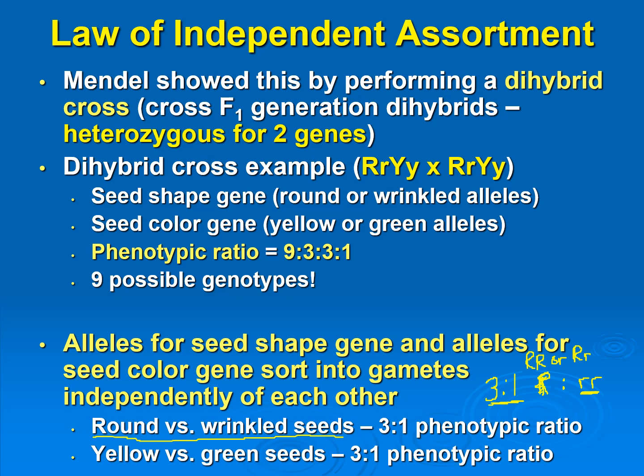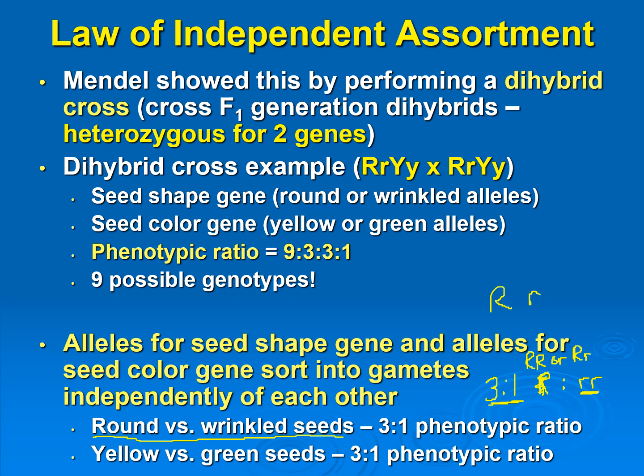So remember, if you're just looking at one gene, you get that law of segregation where the big R and little r will segregate, or separate, into separate gametes, and that is showing you the law of segregation.